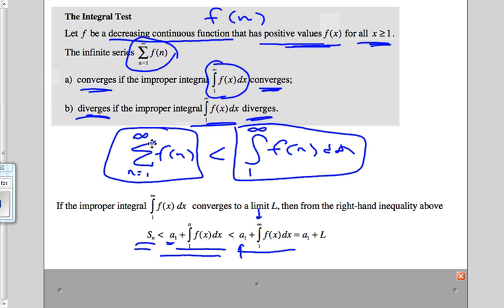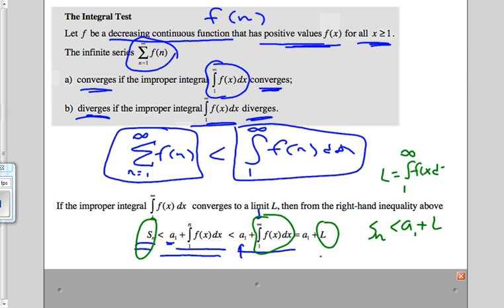And this integral here, if it's fixed, if it converges to L, then what we got there is that the sum of the nth term must be less than the first term plus the limit, and the limit, we're talking about L, we're talking about the convergence of my function f of x dx from 1 to infinity.